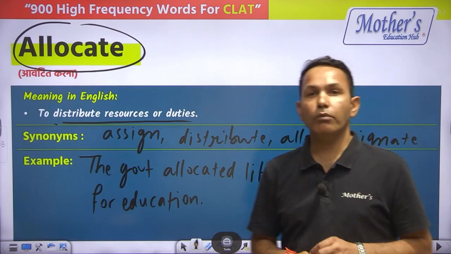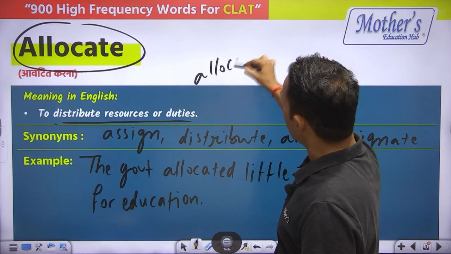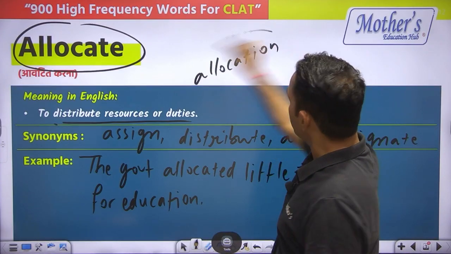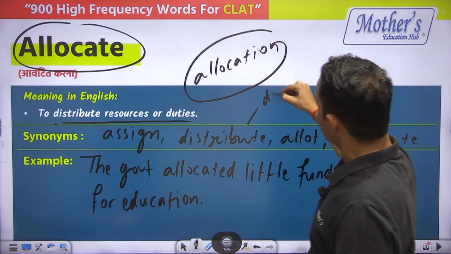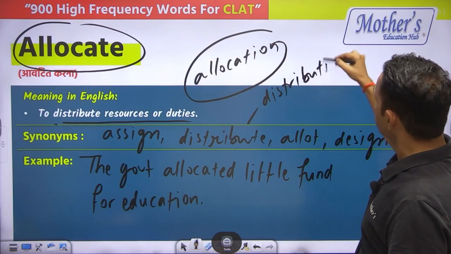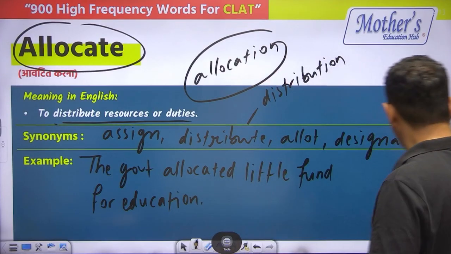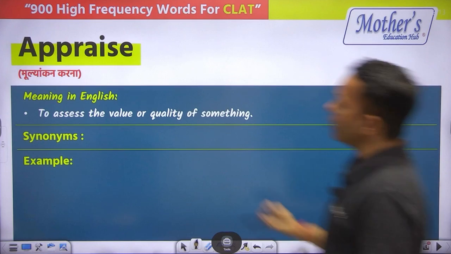And the noun form of allocate is allocation. Allocation means distribution, assignment, allotment.